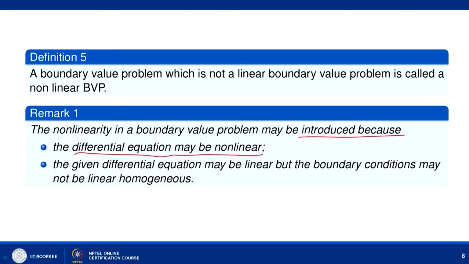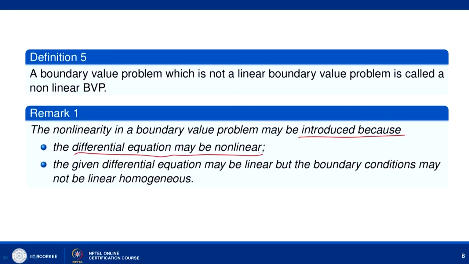So, here we have two components, one is the differential equation, the other component is your boundary conditions. A boundary value problem is said to be linear if both the equation as well as the conditions are linear, and if any of these two fail, then we call this a non-linear boundary value problem.